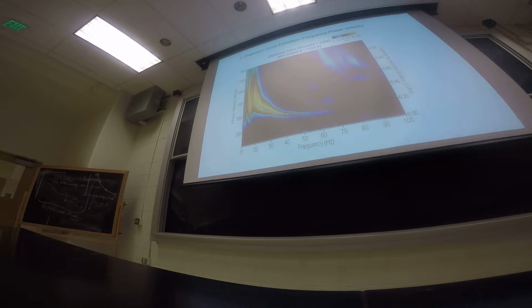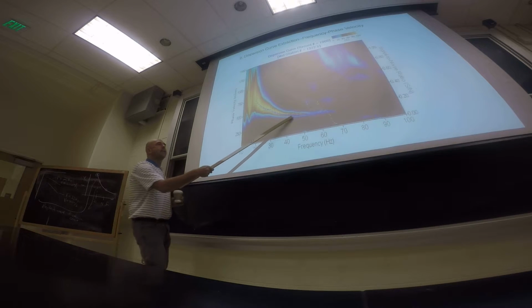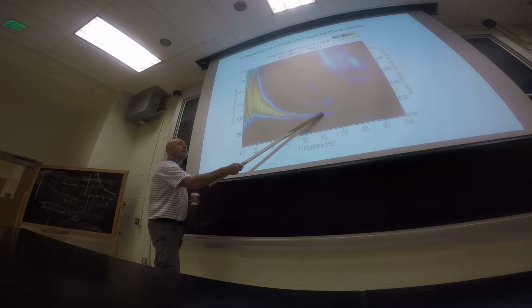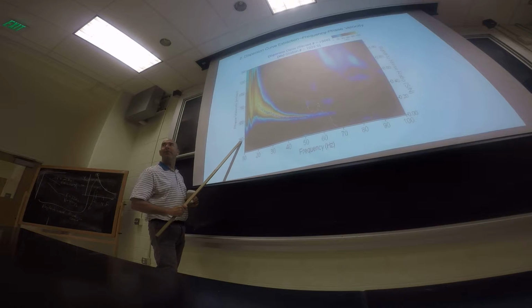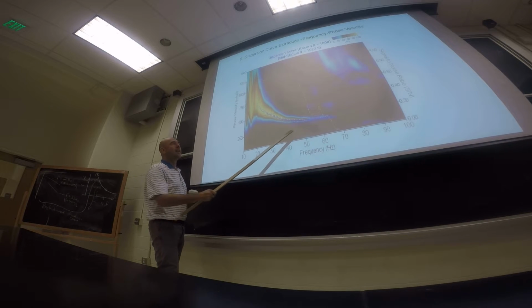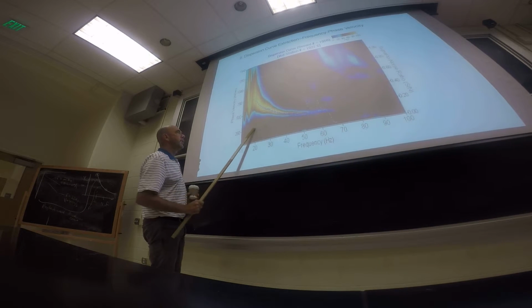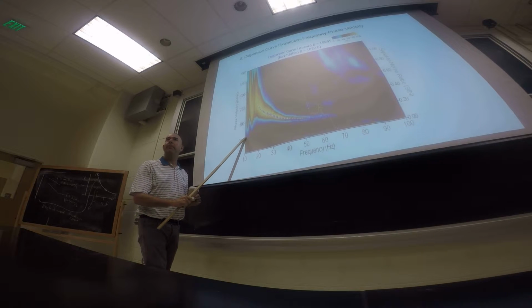Pardon? What's the shear wave velocity at the surface? The shear wave velocity at the surface is where this thing dies out, right? Roughly about this time. That's the highest frequency that we can see, which corresponds to the shallowest depth.